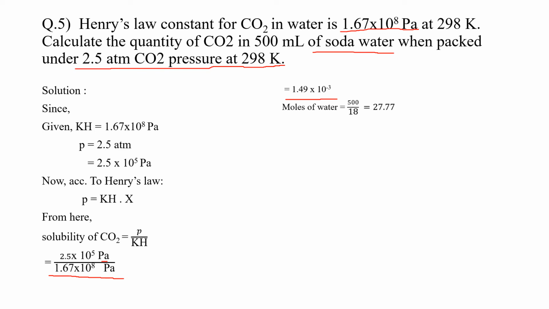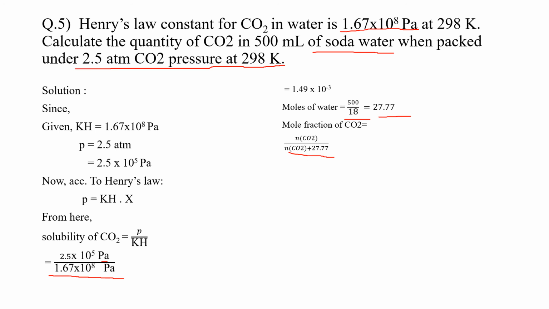Now the number of moles of water: since in the question it is given that 500 ml of soda water is there, the number of moles of water will be 500 upon the molar mass of water, that will be equal to 27.77. Now the mole fraction of carbon dioxide, according to the formula, is the number of moles of carbon dioxide divided by the number of moles of carbon dioxide plus the number of moles of water.